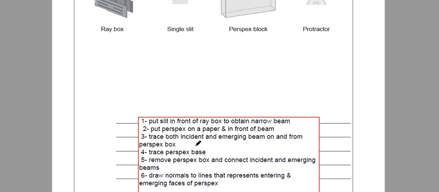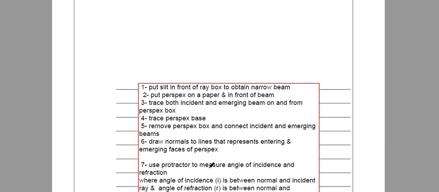Trace both the incident and emerging beams on and from the perspex box. Trace the perspex base. Remove the perspex box and connect the incident and emerging beams. Draw normals to the lines that represent the entering and emerging rays on the faces of the perspex.